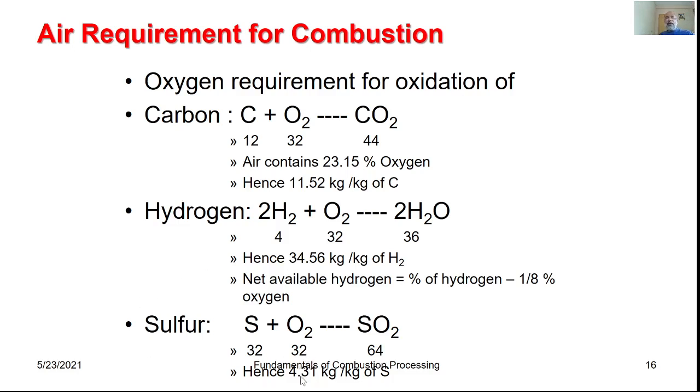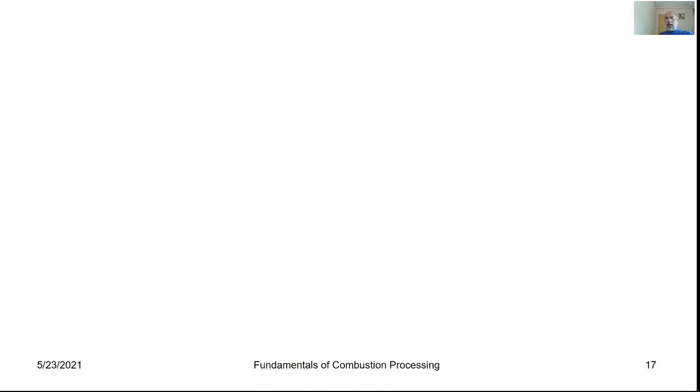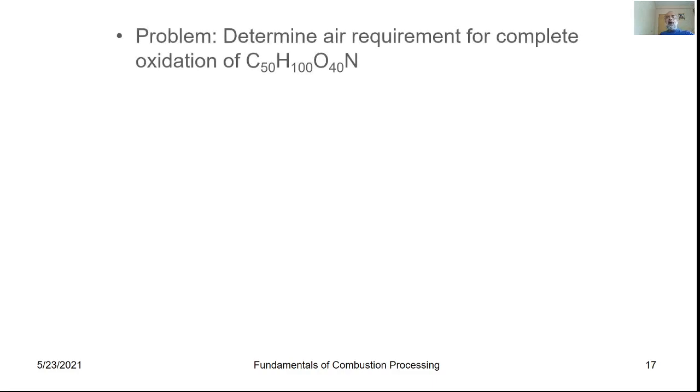For sulfur, there will be a requirement of 4.31 kg of air per kg of sulfur. So this is the basic information required in order to determine the air requirement for complete oxidation.